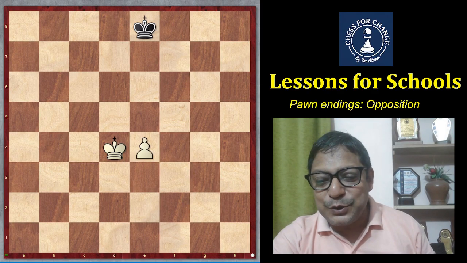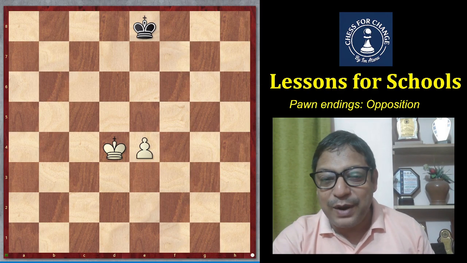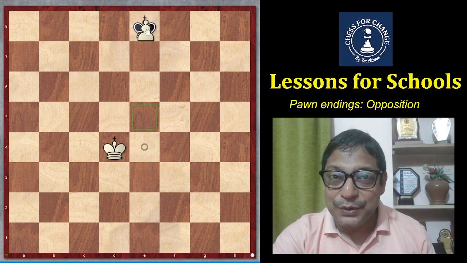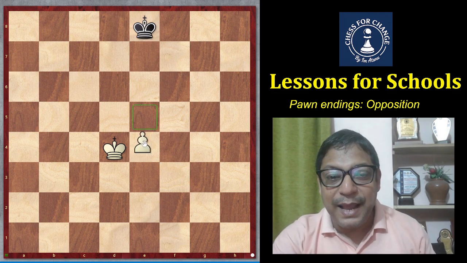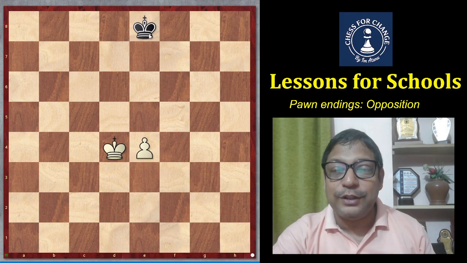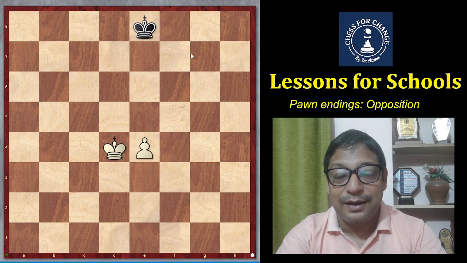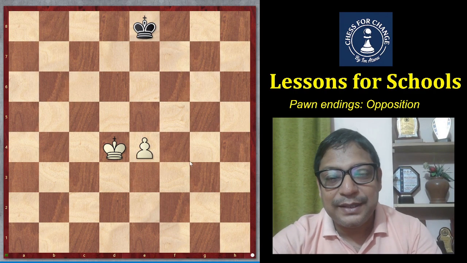Okay, let's go through the first position where white is trying to promote his pawn and win. And black will try to draw the game by stalemate defense. Okay, I hope all of you can recollect what stalemate defense is.